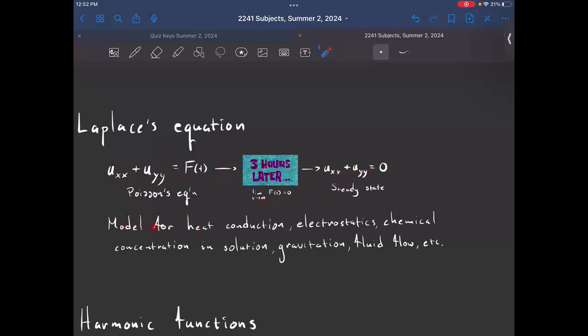Oh, actually, I wrote down what it models. So Laplace's equation is a model for heat conduction, electrostatics, chemical concentrations over a long period of time, gravitation, fluid flow, all sorts of cool stuff. It's just what happens after a long time.